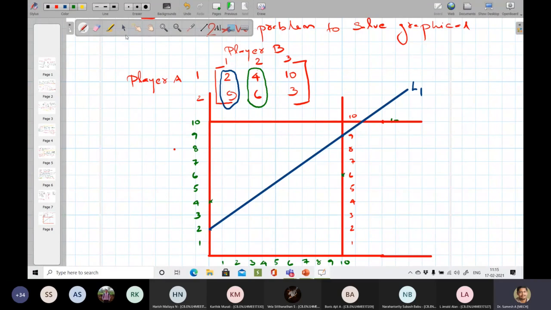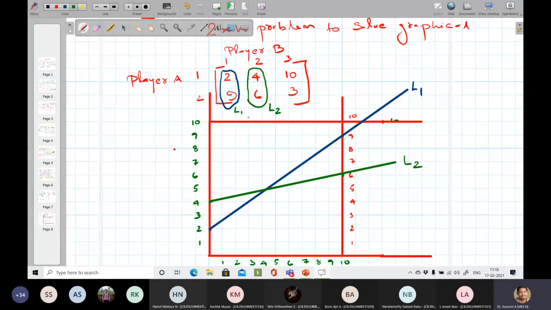That is L2. So this is the L2 coordinate and this is the L1 coordinate. Now the third one, which is 10 and 3.